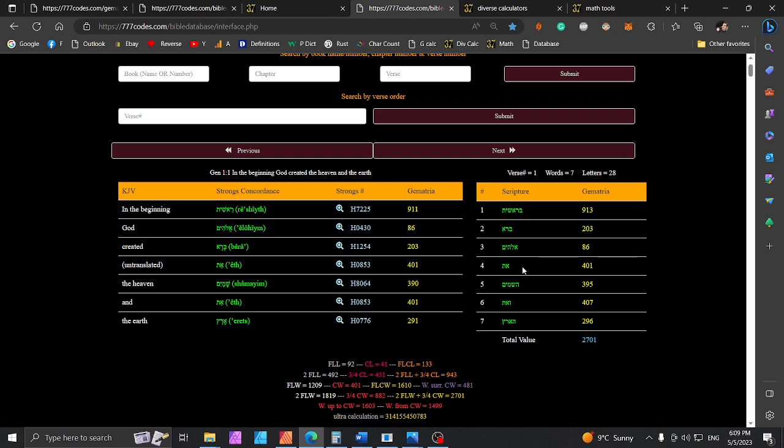So he didn't say, I am the Alpha and Omega. He said, I am the Aleph and Tav. But it got translated into Greek. So they just translated it to Alpha and Omega, because the Alpha and Omega are the first and last letters of the Greek alphabet.